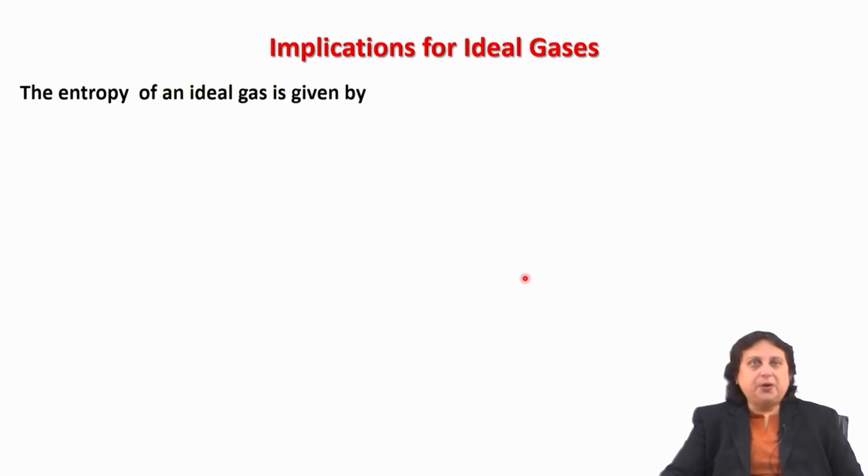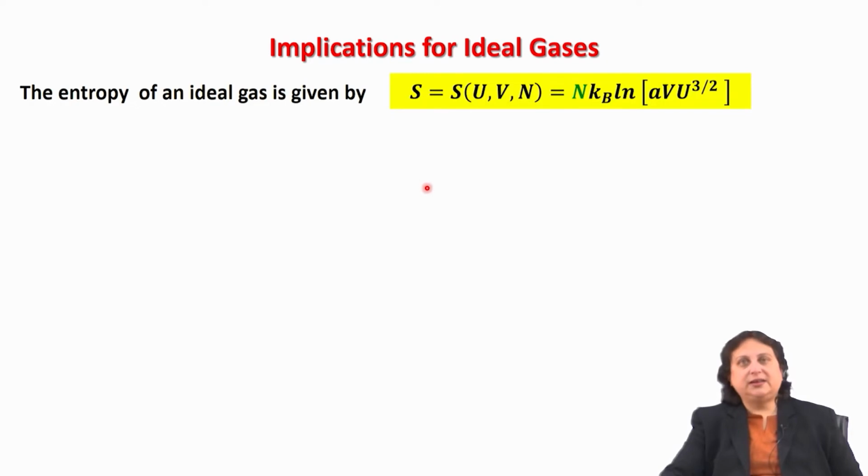Now, my starting point would be the fundamental equation for an ideal gas, where I have expressed S as a function of U, V and N. And in a very simple form, this is written as N kB log of A times the volume of the gas times U, which is the internal energy of the gas, raised to the power of 3 by 2.